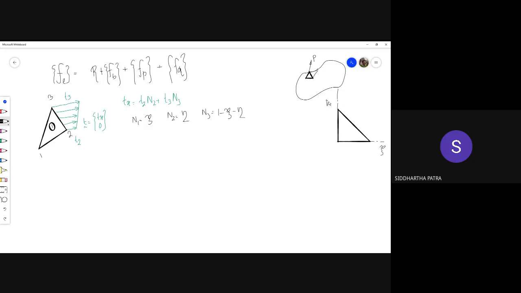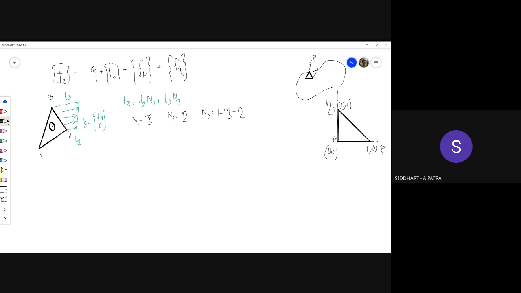This is the xi coordinate, this is the eta coordinate, this is 0 0, this one is 1 0, and this is 0 1. This is the natural coordinate system.